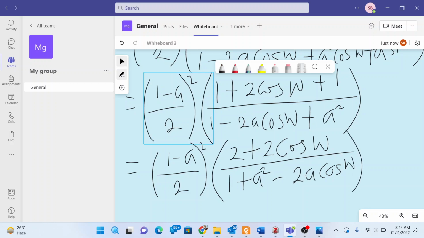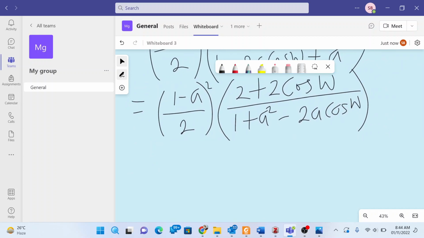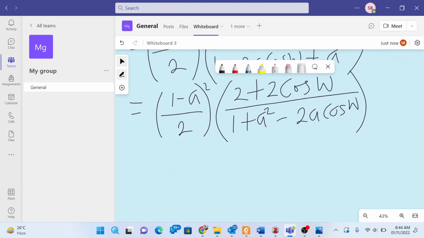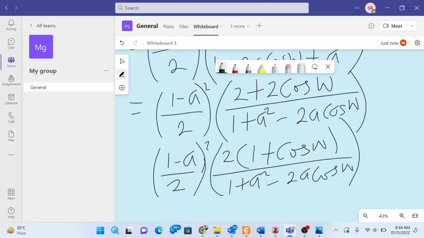And we can now extract the 2 out. So this is going to be 1 minus a, all over 2 squared. 2 is coming out of this, 1 plus cos omega, and this is going to be 1 plus a squared minus 2a cos omega.